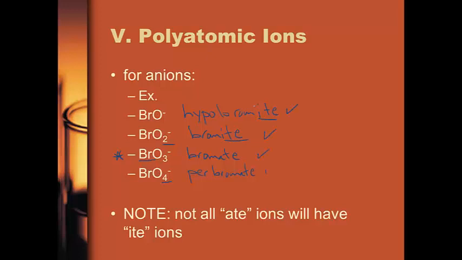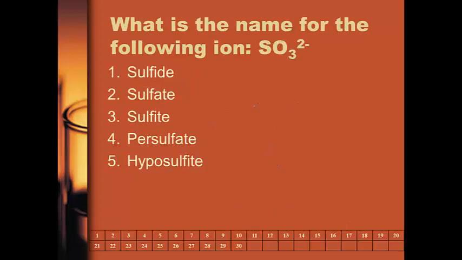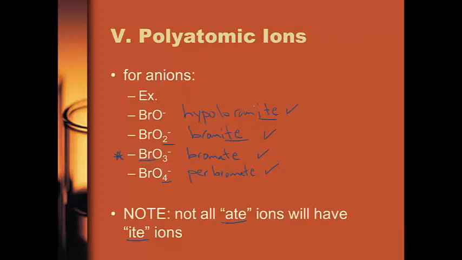Now be careful. Not all -ates will be able to do all these forms. Some of them will just be able to do the -ites, but not all of them will be able to do hypobromite or perbromate. Okay, now we did Cl, we did Br, F does not do anything. I does the same thing as Br.